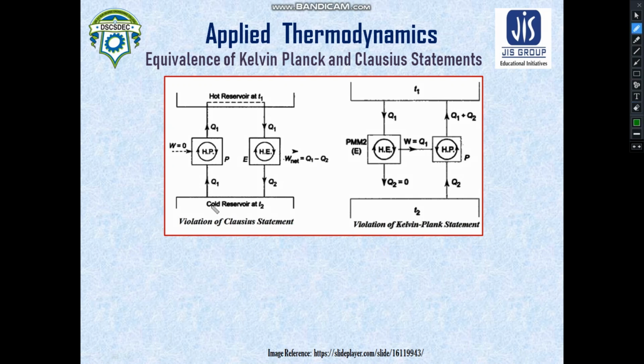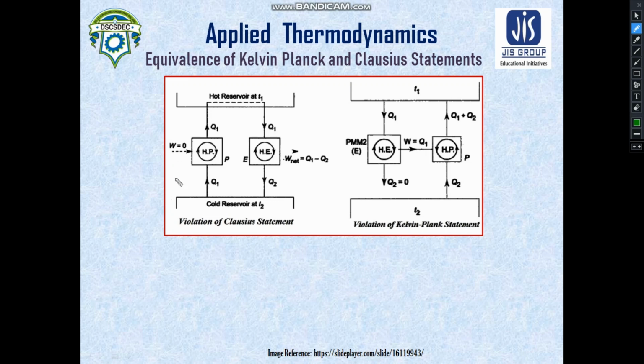So let us first consider a heat pump. This heat pump is violating the Clausius statement. That means it is transferring this Q1 heat from the cold reservoir, or the low temperature reservoir, to the high temperature reservoir without creating any external disturbances.